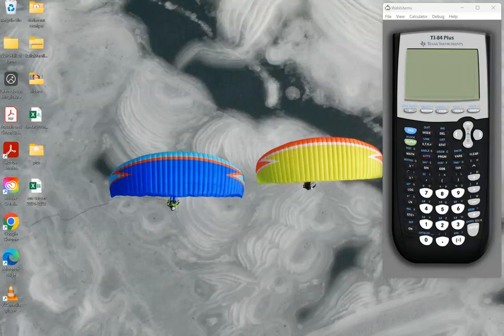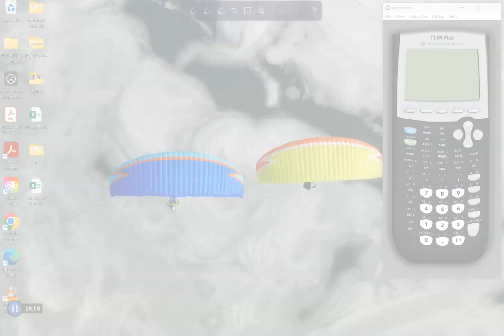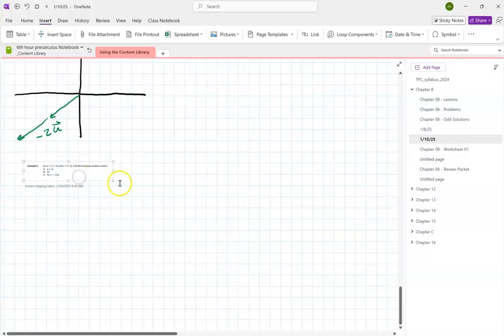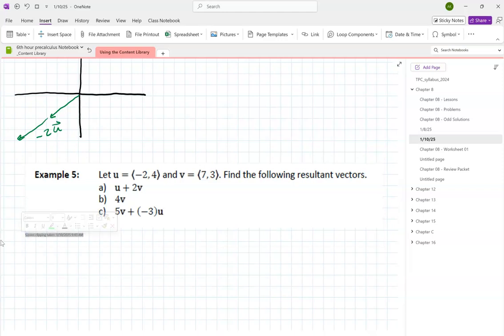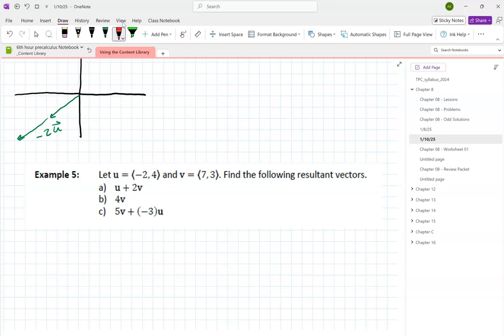So we're given a vector u, -2, 4, and a vector v, 7, 3, and asked to find the following vectors: u plus 2v, 4v, and then 5v plus -3u.